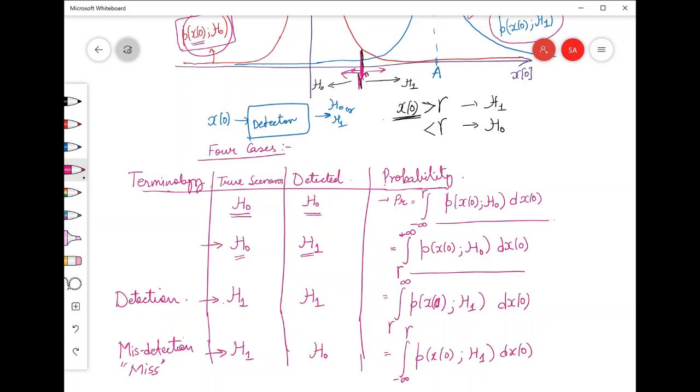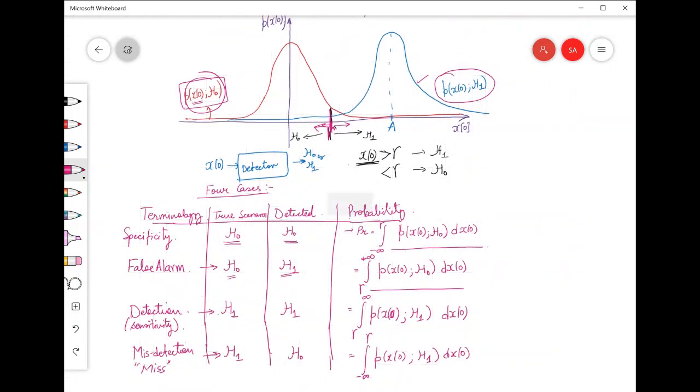If H0 was correct, meaning there was no aircraft, but we detected that an aircraft was there, then we call it a false alarm. And the fourth one is not given any name, but we call it specificity. And detection is also called sensitivity. So these are the 4 cases that we have.